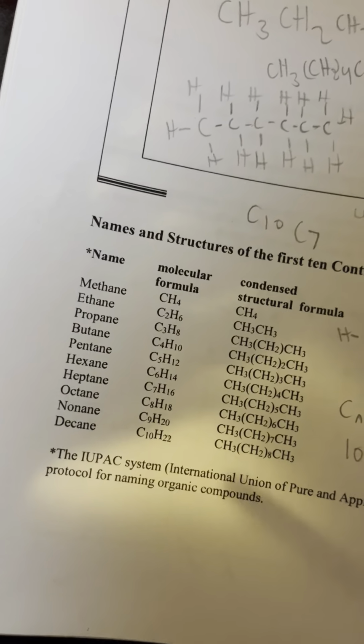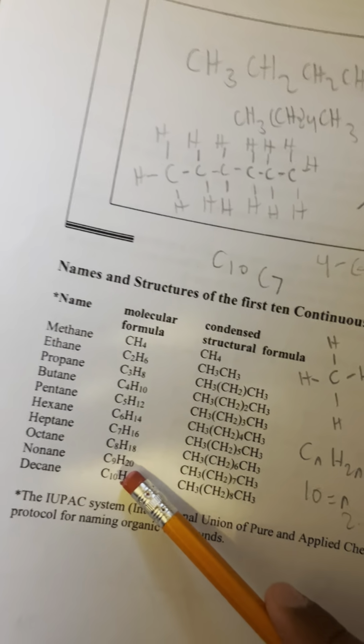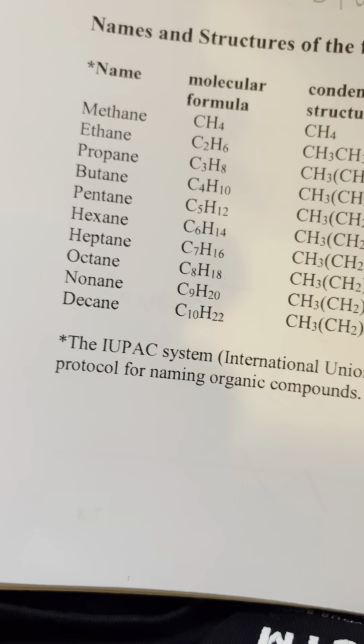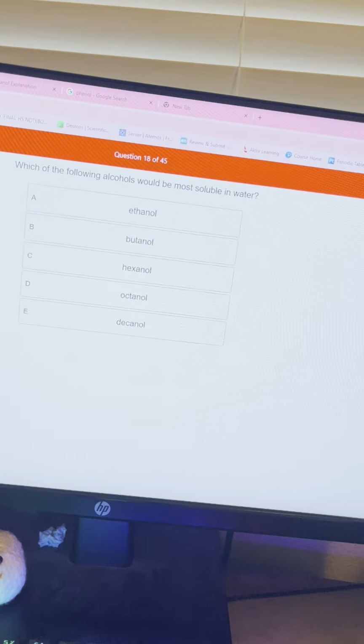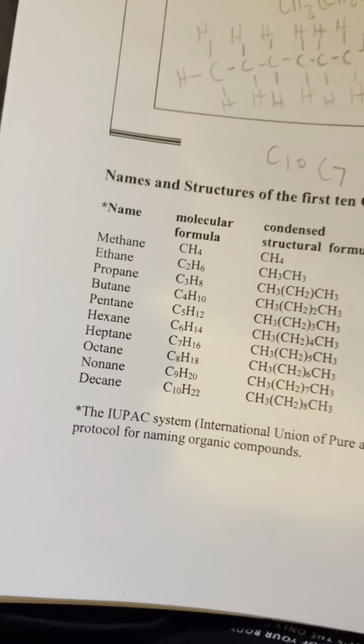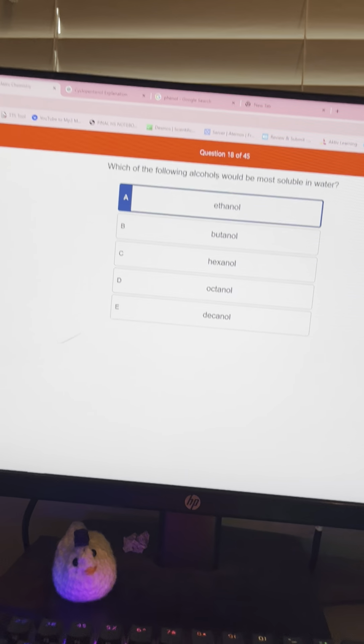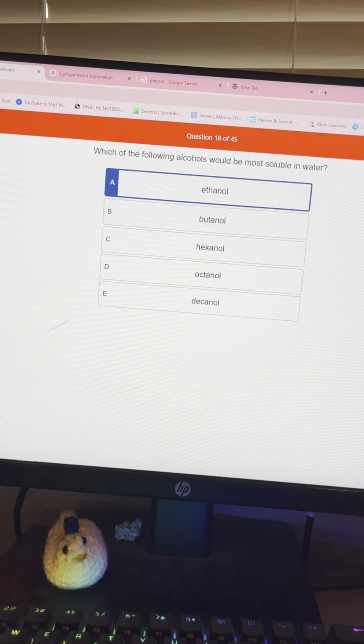So if we look at decanol, 10 carbons. Octanol, 8 carbons. Can't do that. We have hexanol, 6 carbons. Butanol, 4 carbons. But then ethanol only has 2 carbons. So whichever one has the least amount of carbons makes it the most soluble.